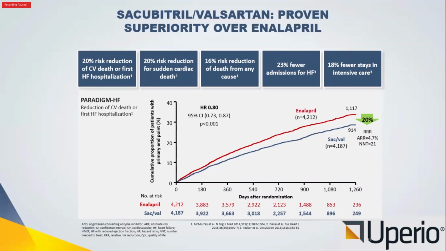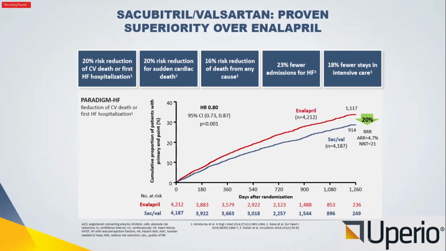So what is the evidence that sacubitril and valsartan is actually better than enalapril? There are studies that have shown that when you use Euperio versus enalapril, you can reduce the risk of hospitalization for heart failure and cardiovascular death.